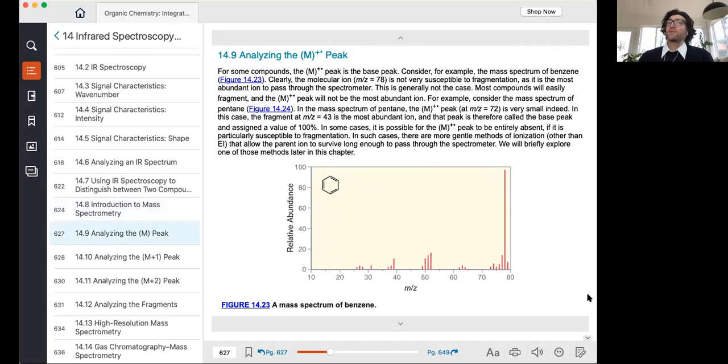It should be true in a lot of cases that in each little group of fragments, there should be a largest peak, and the molecular ion should be the largest peak in its little group furthest to the right, at the highest M over Z.